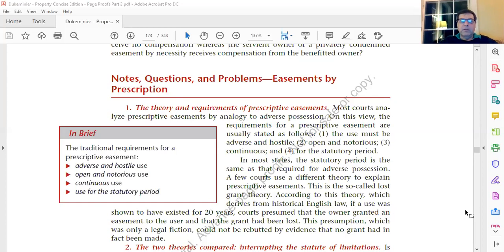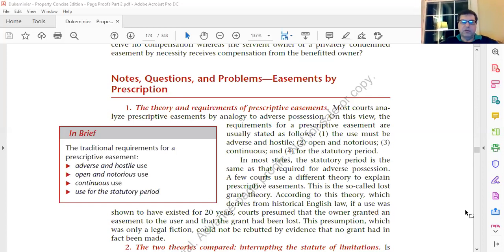And so prescriptive easements are kind of similar, except that what you're trying to establish is not title to the property, but merely the right to use property. So if you're using someone else's property, you acknowledge it's theirs, but you're using it for access for a long enough period of time, and you satisfy the requirements for a prescriptive easement, then the statute of limitations may run, and you may have an easement created by virtue of the running of the statute of limitations.